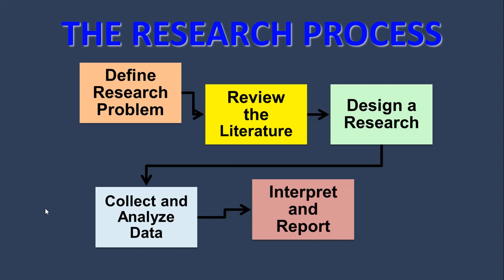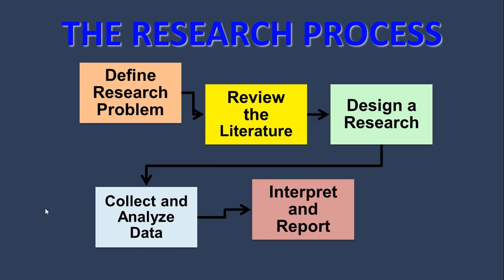So the first one is to define a research problem. That is the first step that you should be doing. So you look for a possible research problem. Next is, of course, you must review some literatures.